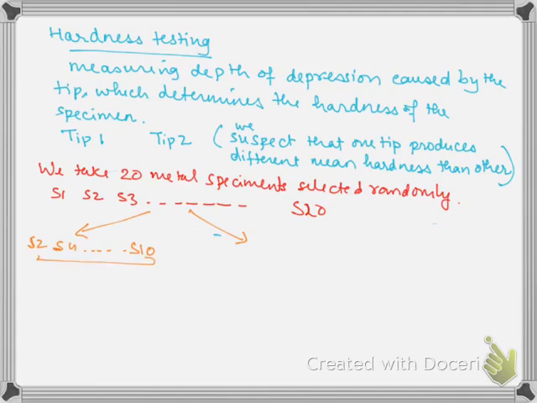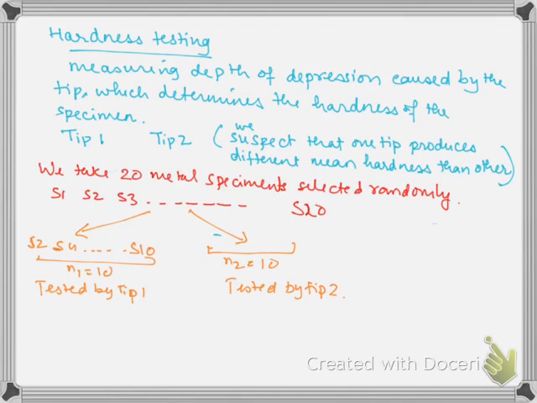So there are N1 equal to 10, and similarly here N2 equal to 10. So this is done randomly. The ones that came in the first sample we will test by tip 1, and the others are tested by tip 2. So this is an example of a completely randomized design.